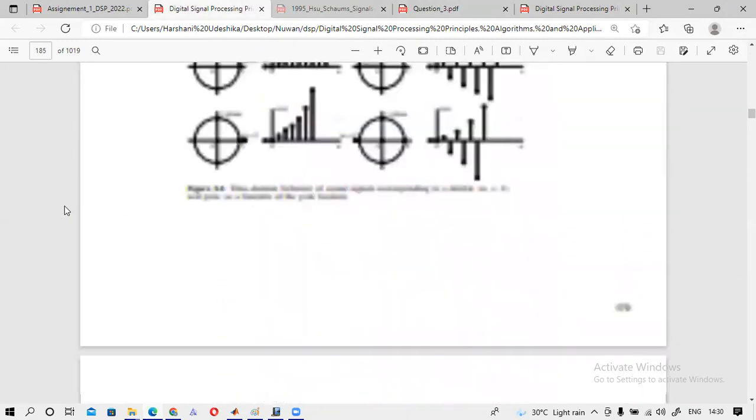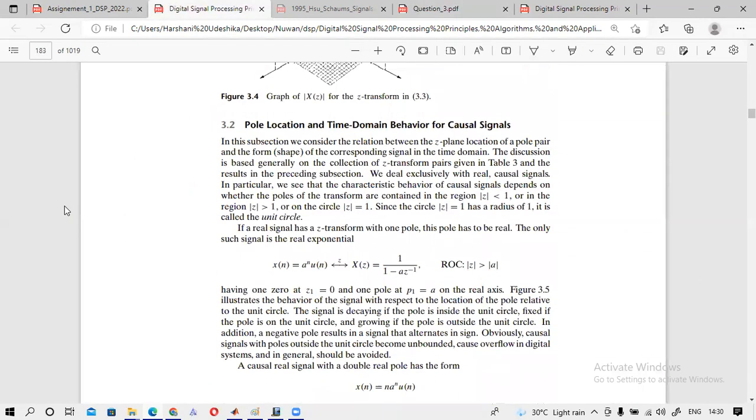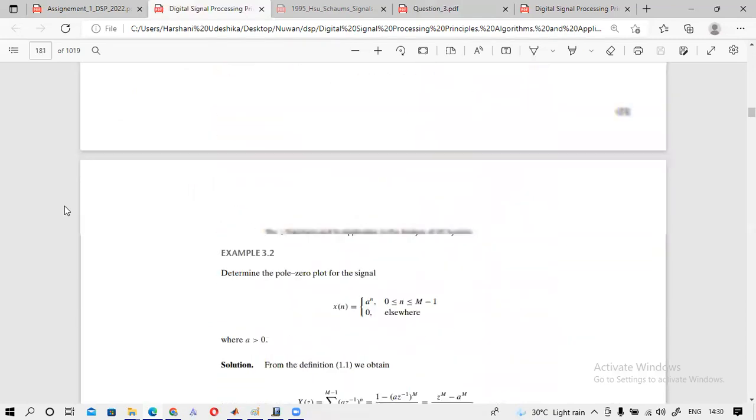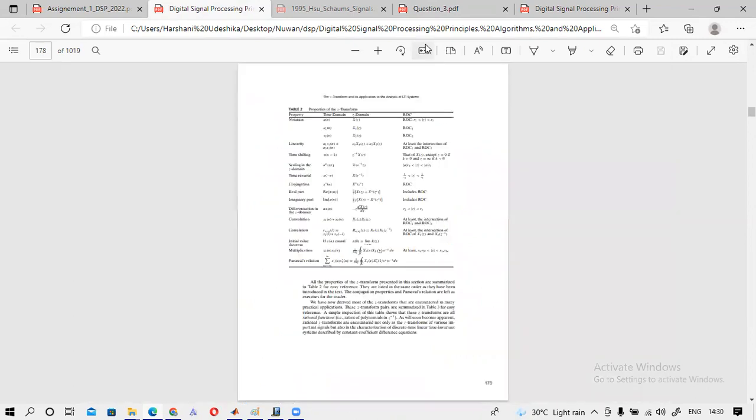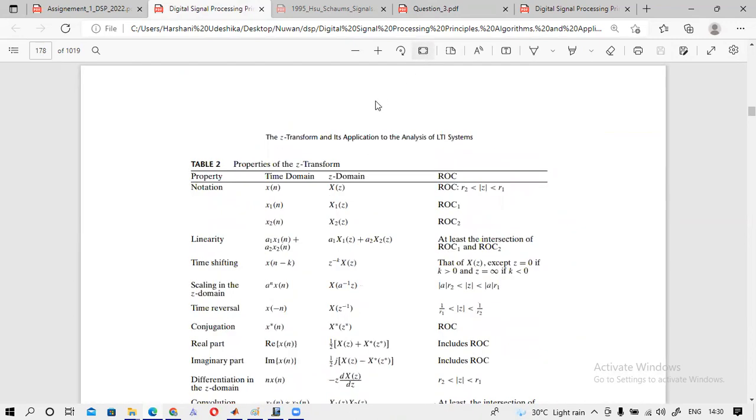So anyone can tell me what is the property we should use? Okay, this is the property table and which property we should use. Now I think you should be able to answer this one.